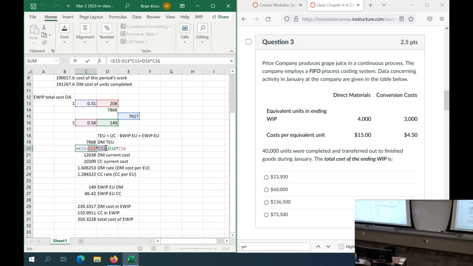Wait. I feel like I have what you have though. It does look like it. Subtracting 0.31 times 208, plus 0.58 times 149.